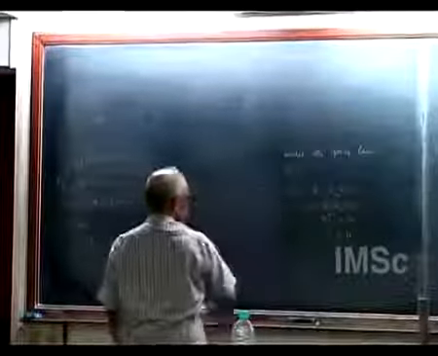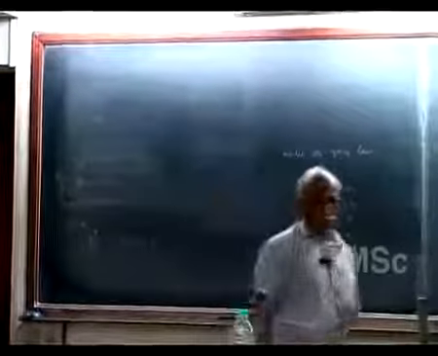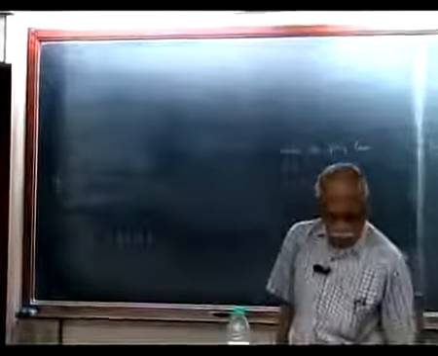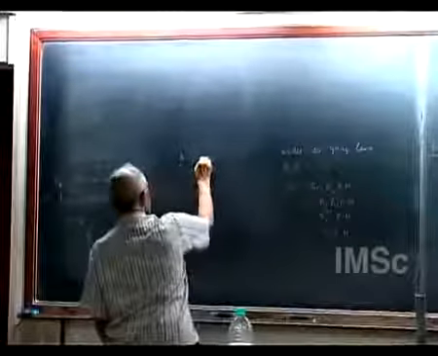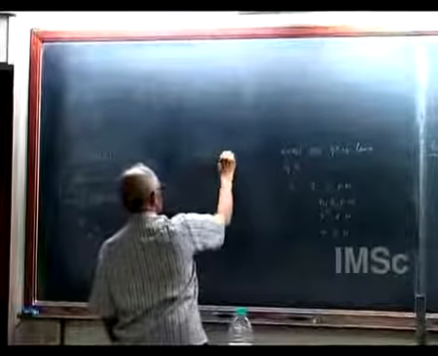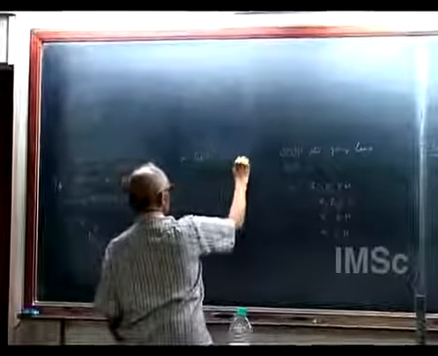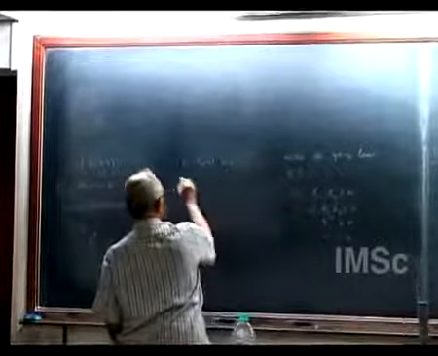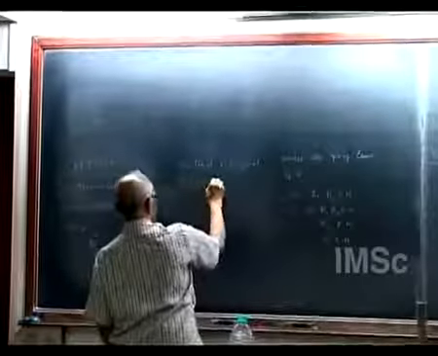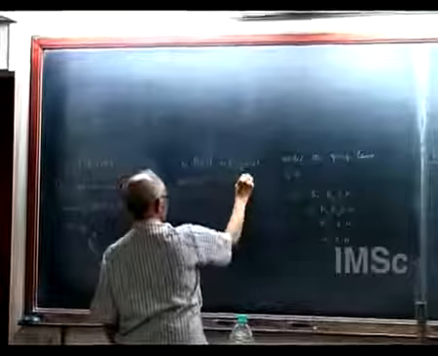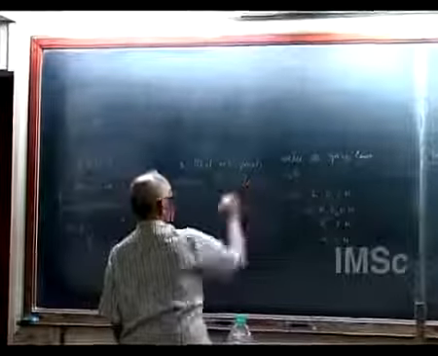Now let me give other examples. Clearly, real orthogonal matrices are unitary. That's obvious, right?